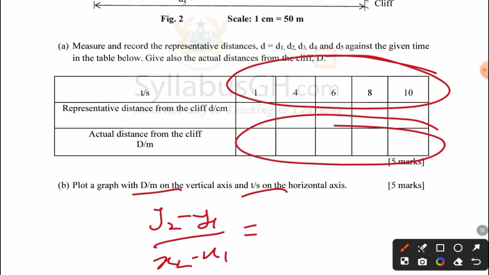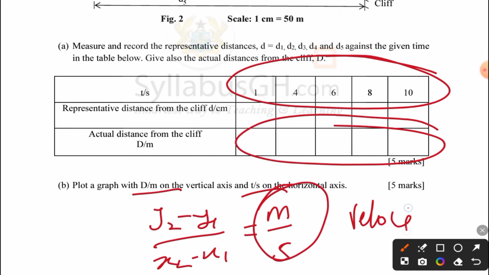Your y, which is the distance in meters, and your time is in seconds. There are times where they will ask you what the gradient represents. So over here, the gradient will represent meter per second, which is velocity. So take note of that. Anytime you are working with your gradient, always have the quantities that you work with in mind.